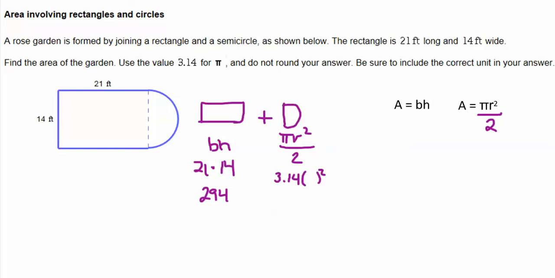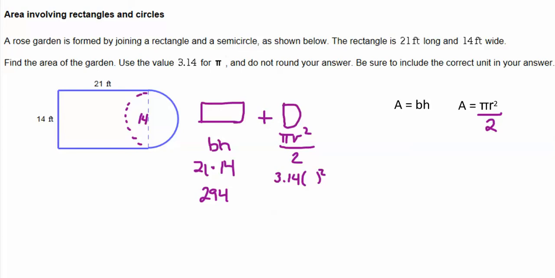We know that the left side of the rectangle is 14, so the right side of the rectangle also has to be 14. So if this is a semicircle, you can imagine that there's a full circle tucked inside. We don't want the full circle, just the half circle, but that will help us to determine the radius.